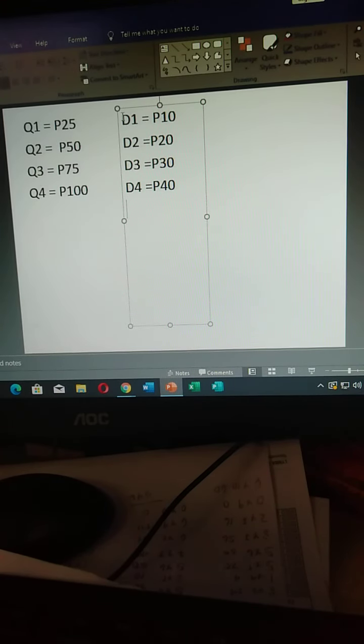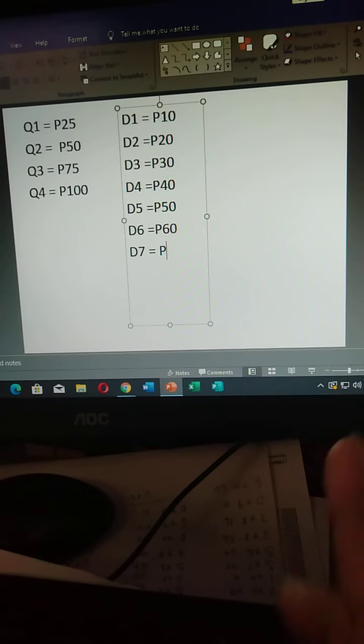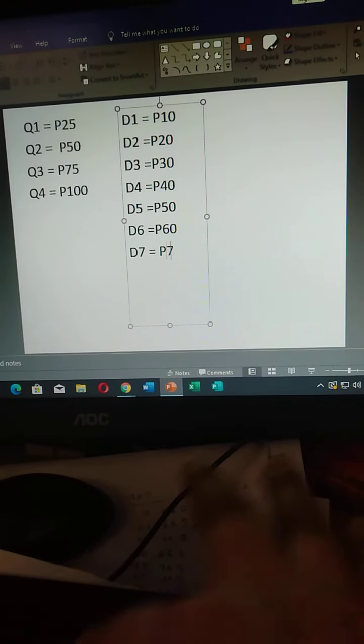D5 is equal to P50. D6 is equal to P60. D7 is equal to P70.